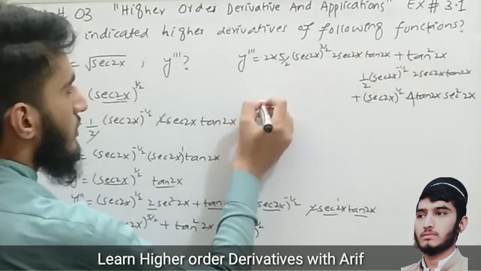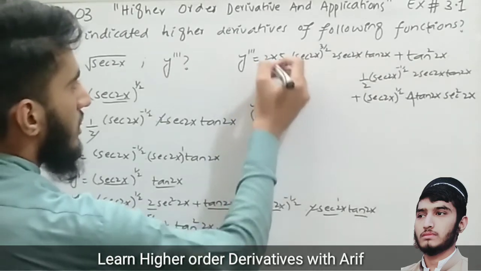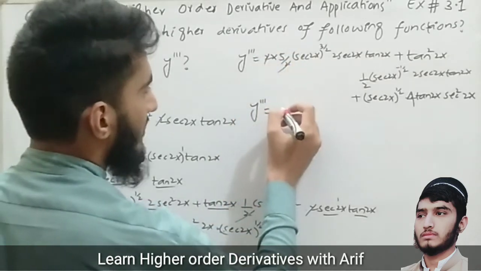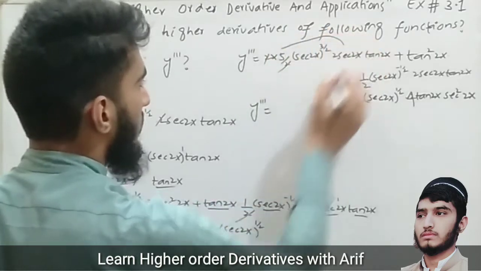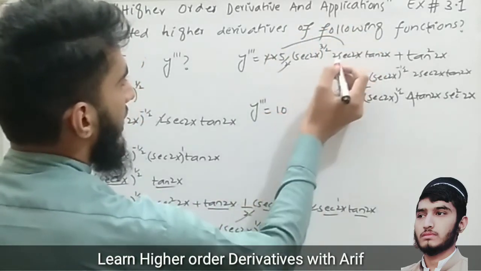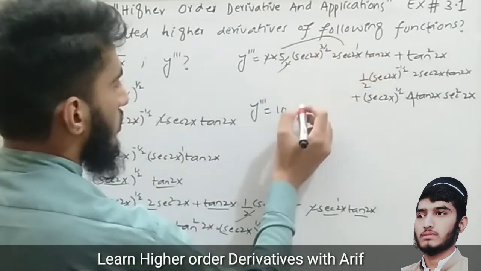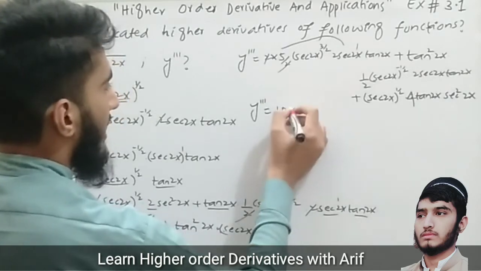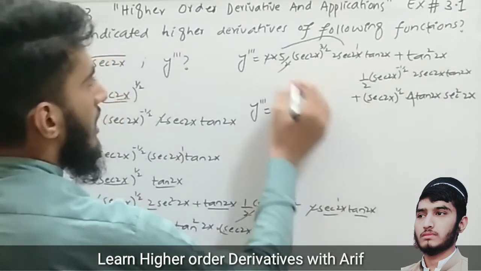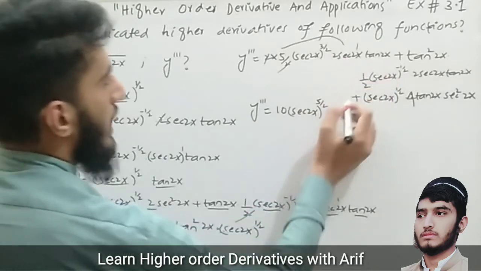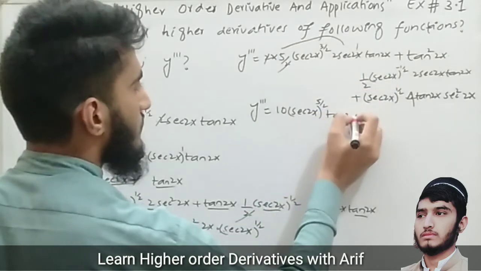So for simplification, y triple prime will be: the 2 cancels out with 2, we are left with 5 times, or we can multiply 5 with 2, it will give us 10, and here the power of secant 2x is 1 and here 3 over 2, so it becomes secant 2x power 5 over 2, 5 secant 2x power 5 over 2 and tangent 2x.